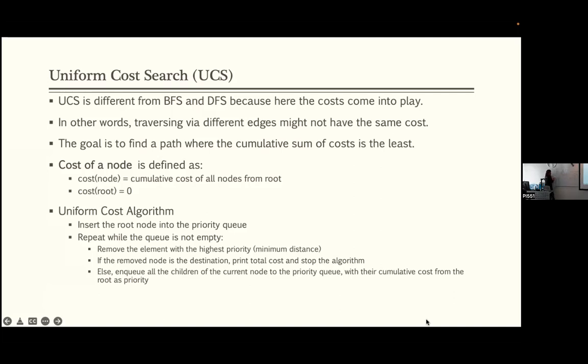What should we do? C, 3, and then C to F. So what would be the cost now? 1, 2, 3, 4, 5, 5 and 4, 9. Okay, so if we follow A, B, E, C, F, the cost is 9. Still, we may have a better one.